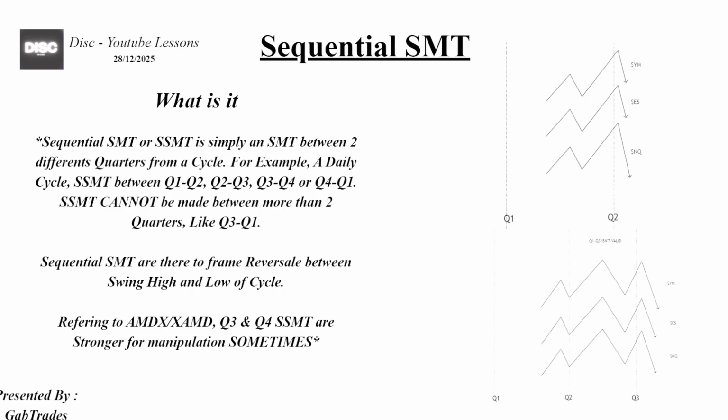We don't care. But just as a hint and for your overall understanding, Q2 and Q4 will most of the time manipulate or distribute, meaning more volatility, meaning more movement. So it can be better, like we can see there. 3, 4, 3, 4, manipulation, distribution, reversal, continuation.